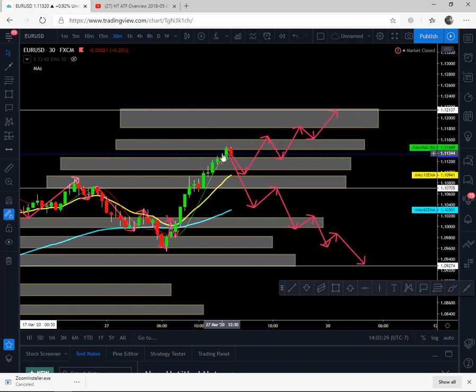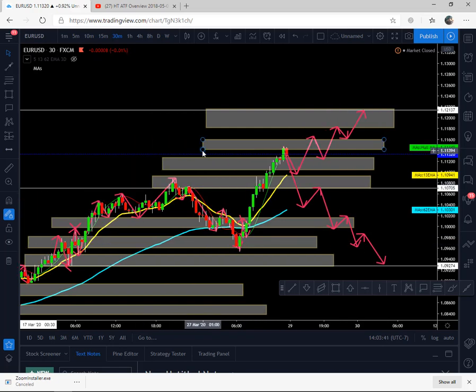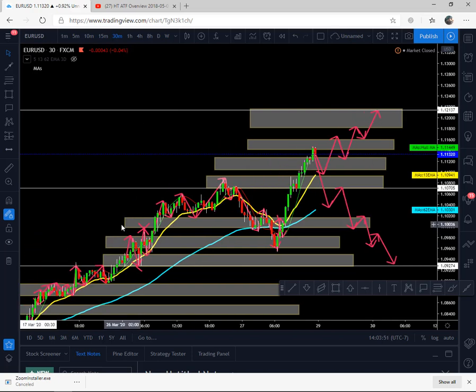So this is pretty much the way I've been using the harmonic targets, and I also use incomplete and complete patterns as some further confirmation.